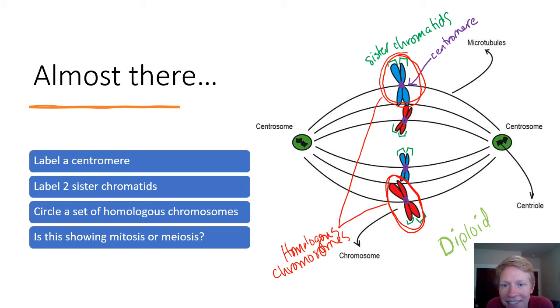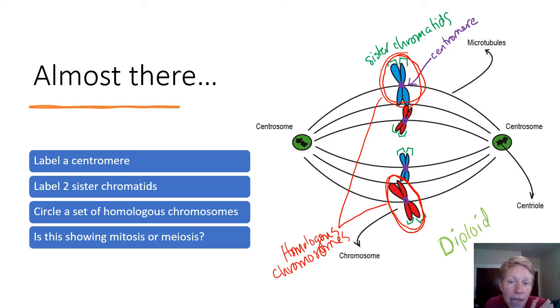What's going to happen next is anaphase, and those sister chromatids are going to be pulled apart to opposite sides of the cell. That does happen in both meiosis and mitosis, but the difference is in meiosis, the sister chromatids don't get pulled apart until meiosis 2.